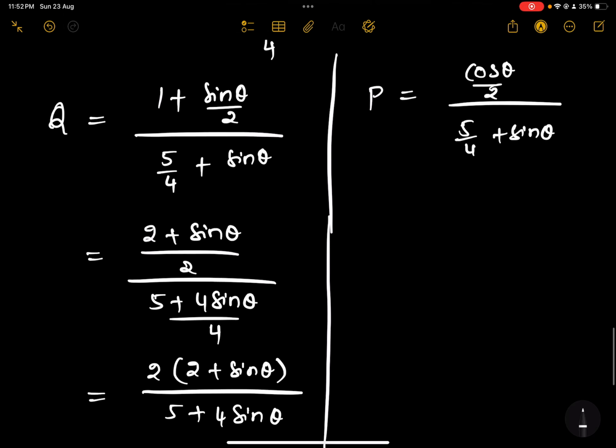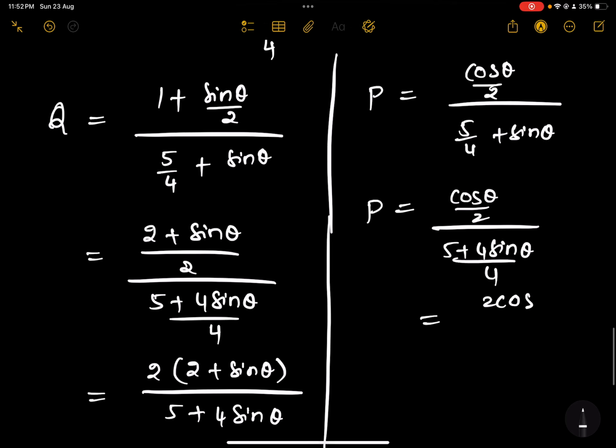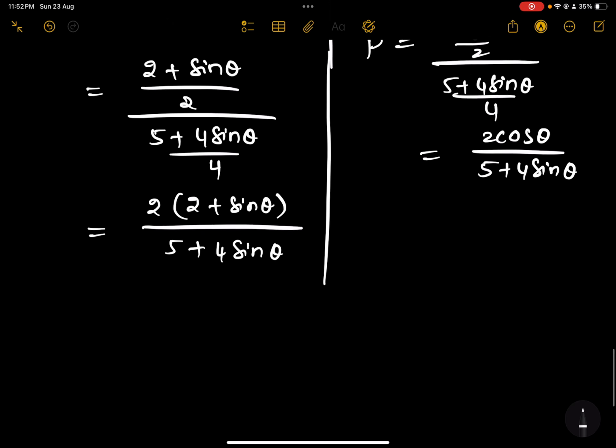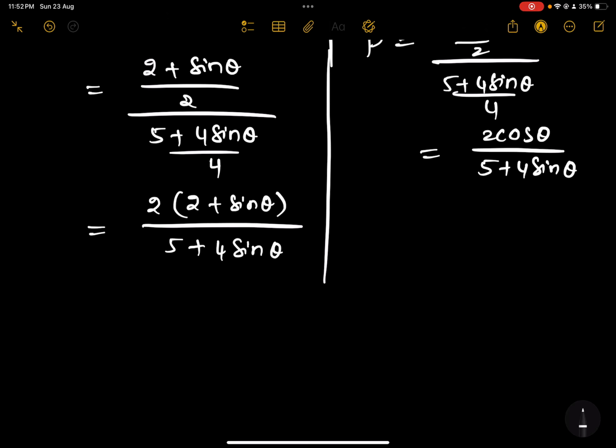Alright, and here you'll get p is equals to cos theta by 2 by 5 plus 4 sin theta by 4, and that will give you 2 cos theta upon 5 plus 4 sin theta. Alright, so finally we are able to find out the values of p and q.